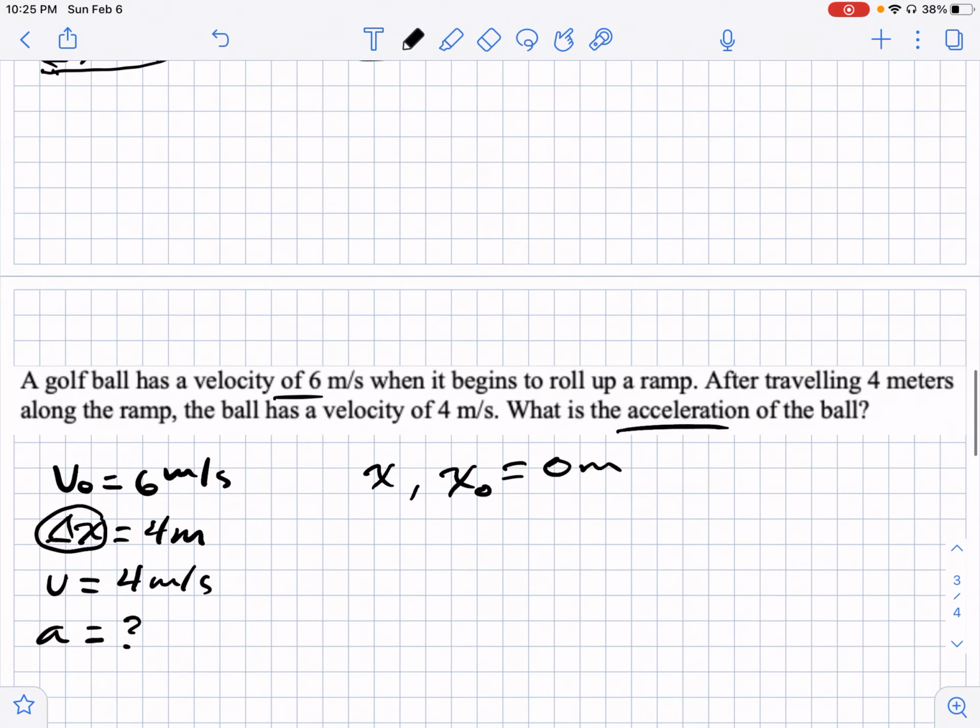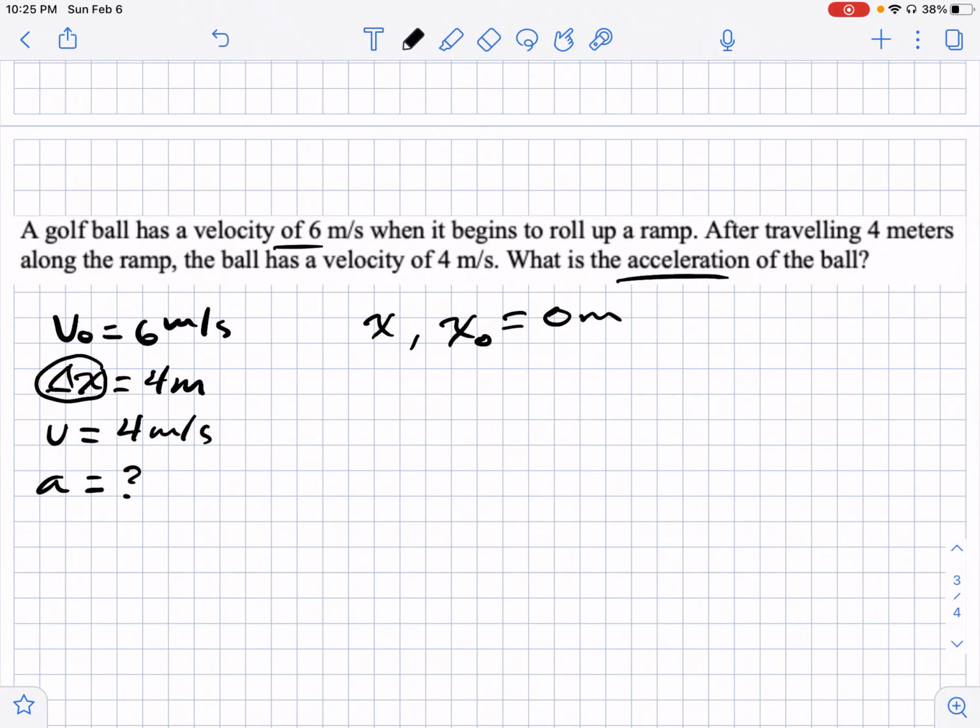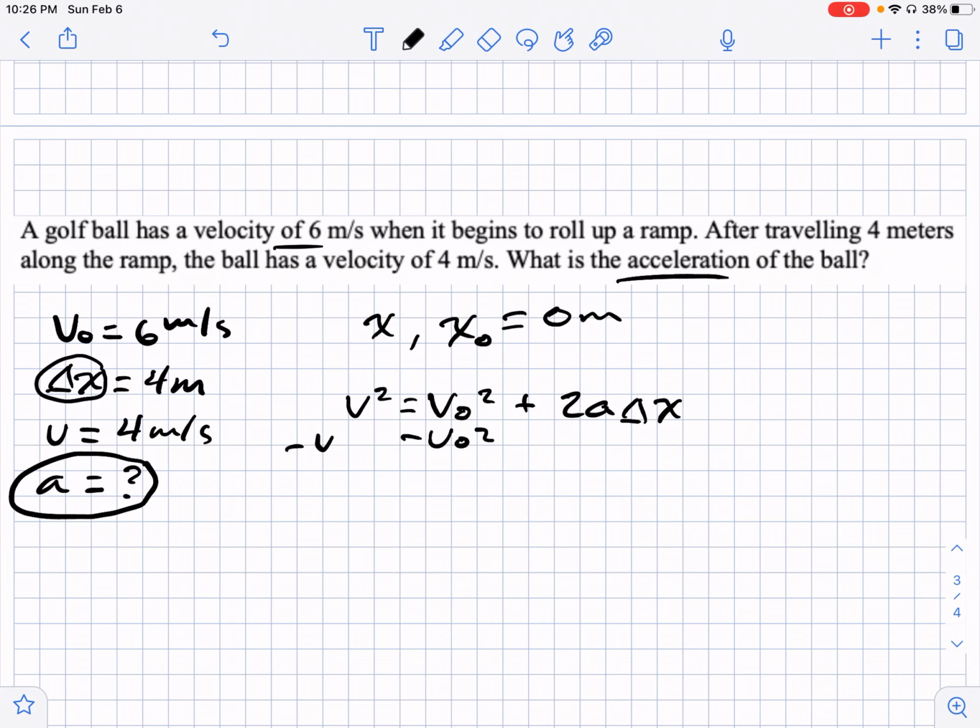So let's go ahead and rewrite that equation. We have v squared is equal to v naught squared plus 2a delta x. Now this is one of those problems where it's the equation we need to use, but it's not set up to solve for acceleration. So we got to move some things around. So we're going to subtract v naught squared from both sides.